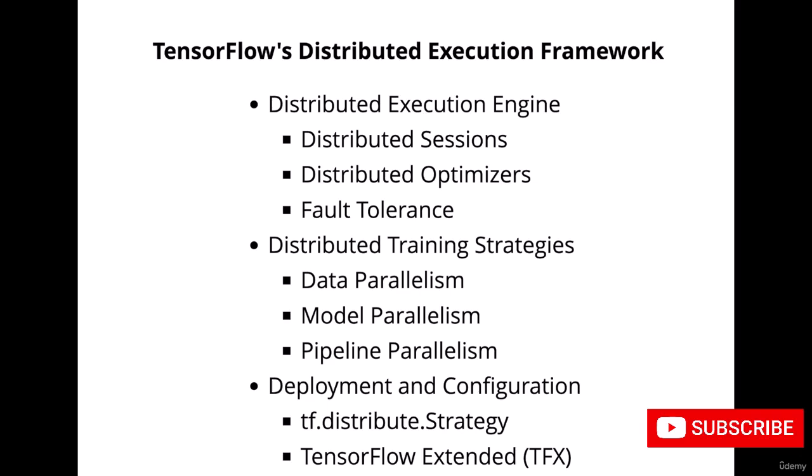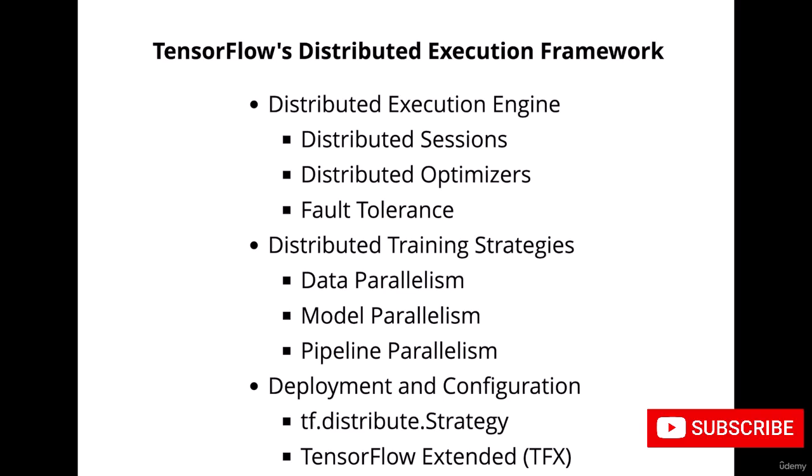Fault tolerance. TensorFlow's distributed execution engine includes mechanisms for handling failure and retries in distributed setups. It provides fault-tolerant communication protocols, checkpointing mechanisms, and recovery strategies to ensure that computations continue even in the presence of node failure or network issues.